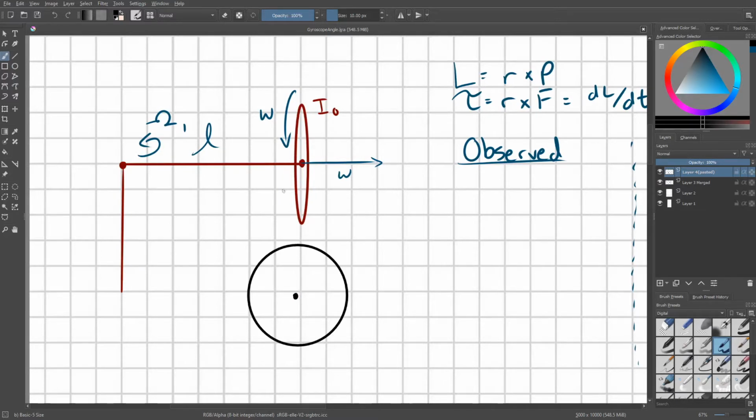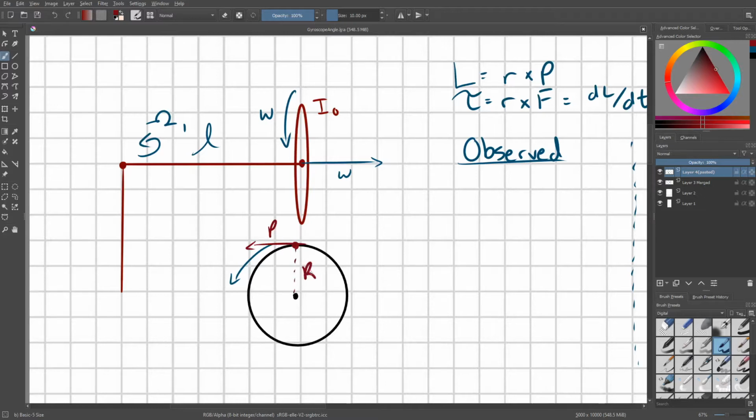I've drawn out the wheel. This is just the front view. So this is its rotation there. Now at the top of the wheel, therefore, we know that our linear momentum, if it's rotating to the left, its linear momentum is going to point to the left like that.